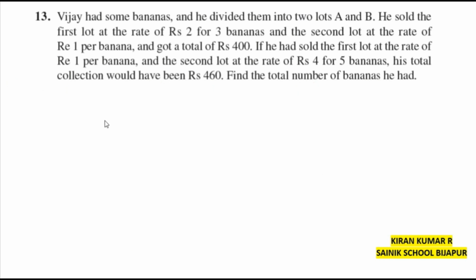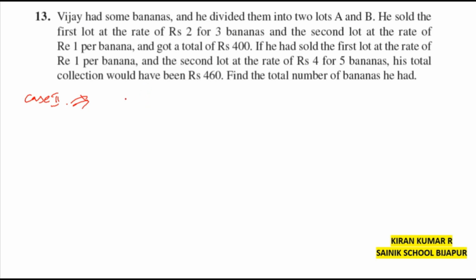Now let me take the second case, case 2. According to the second case, he sold the first lot at ₹1 per banana and the second lot at ₹4 for 5 bananas.